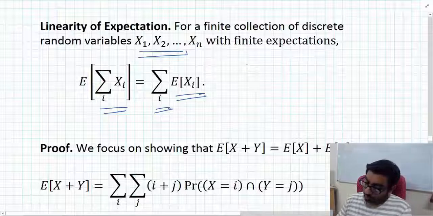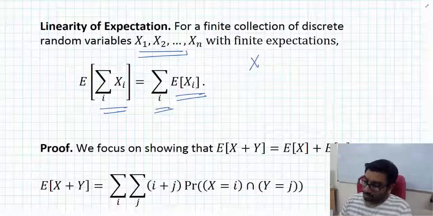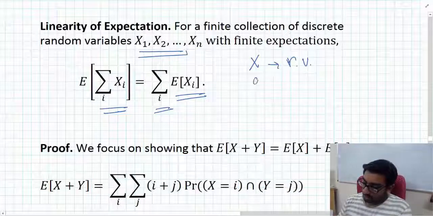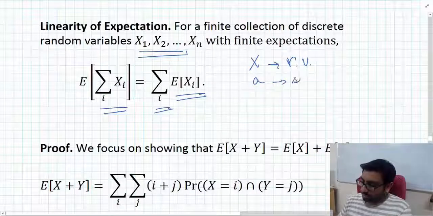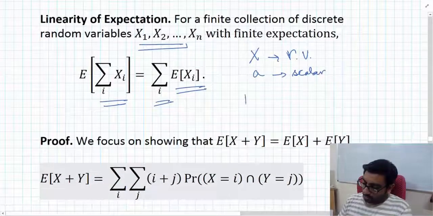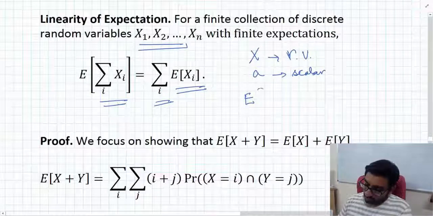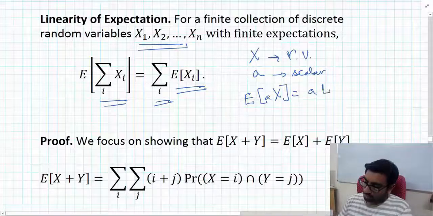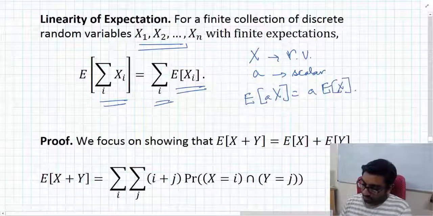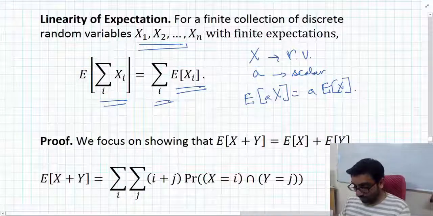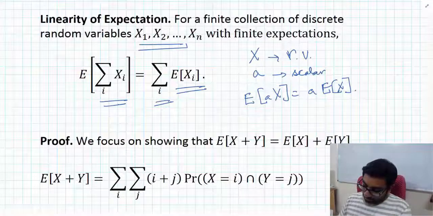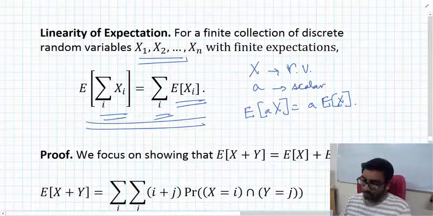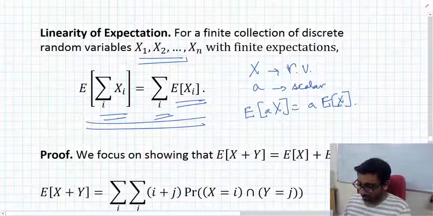Let's say X is a random variable, and let's say a is any scalar value. So we also know that E of aX is equal to a times E of X. This is the main form of this linearity of expectation.